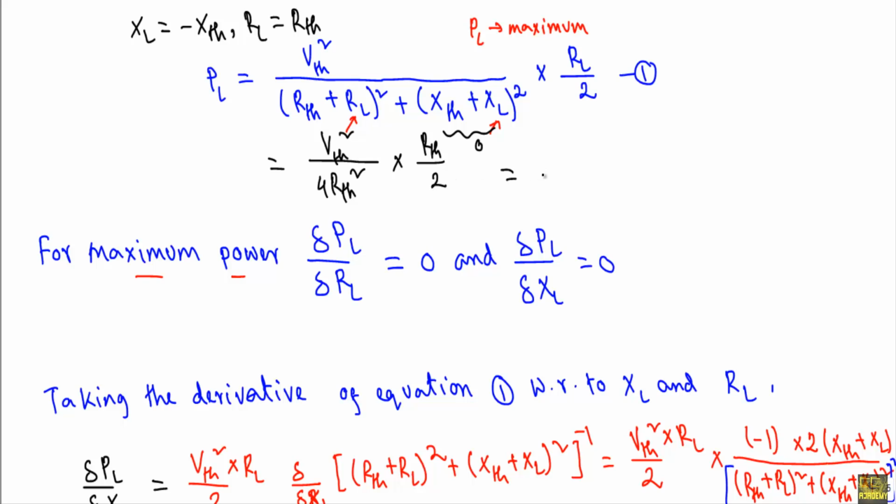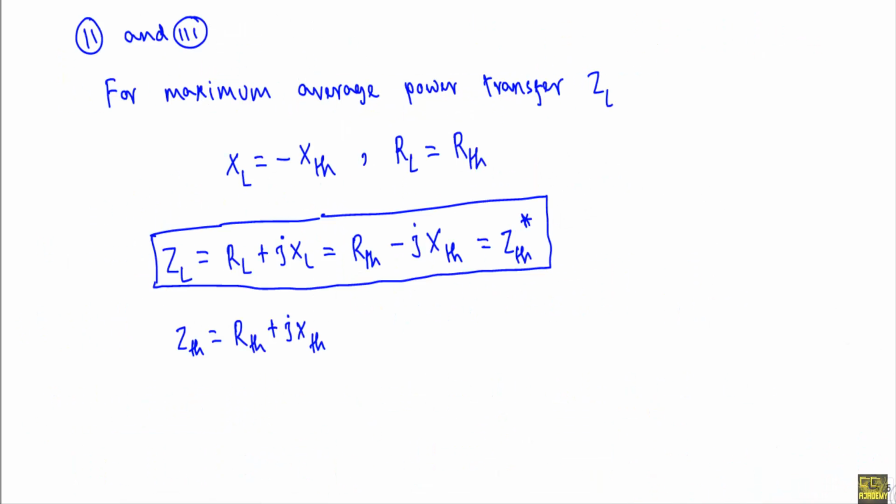So the maximum power will be equal to VTH square over 8 RTH. This is the equation of maximum average power that will be delivered to the load impedance. So for the circuit, the maximum average power will be equal to PL max, which will be equal to VTH square over 8 RTH. Here this RTH will represent the real part of the Thevenin impedance of the network.